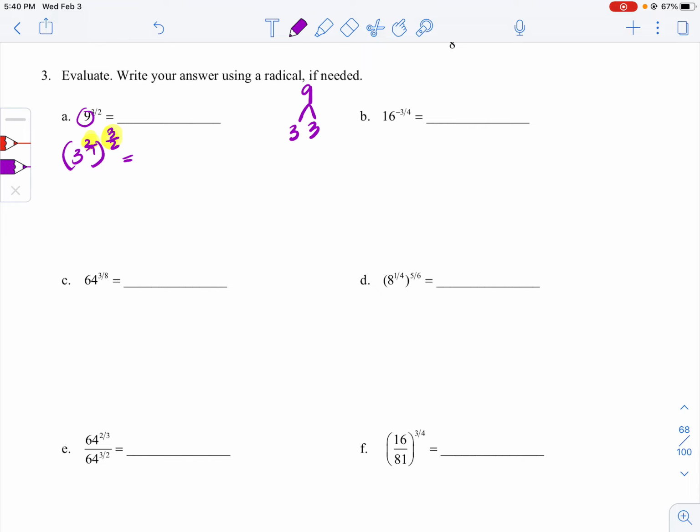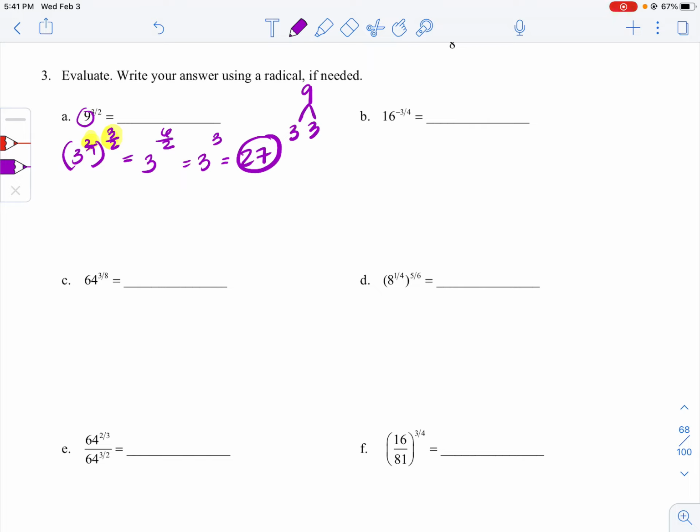So that means 3 to the power of 6 over 2, or 3 to the power of 3. What is 3 to the power of 3? 3 times 3 times 3. The answer is 27. So the answer for number 3 is 27. That makes sense? Okay, hopefully it does make sense.